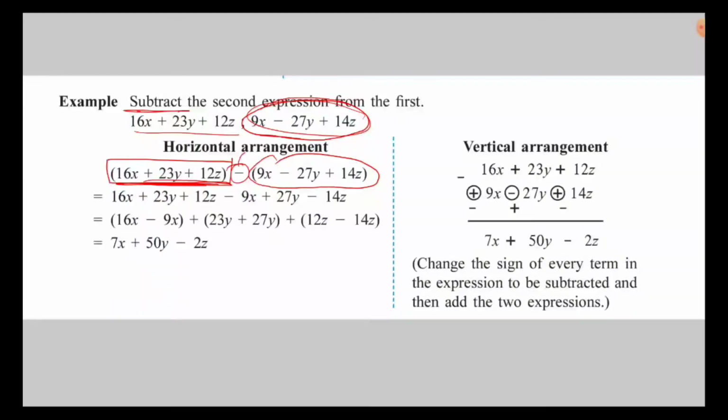So this minus sign will be going inside the bracket and getting multiplied with each sign. 9x is positive over here, then positive negative will become negative, negative will become positive, negative positive will become negative. Okay, so this is how you will be doing the subtraction sum. You will be changing the signs of the second expression in every sum.